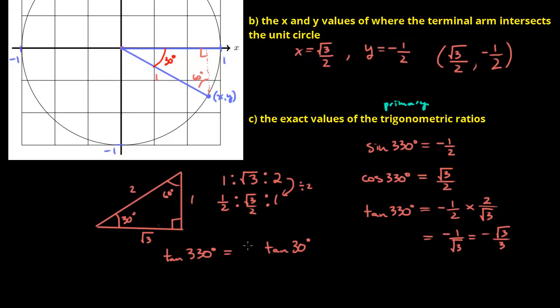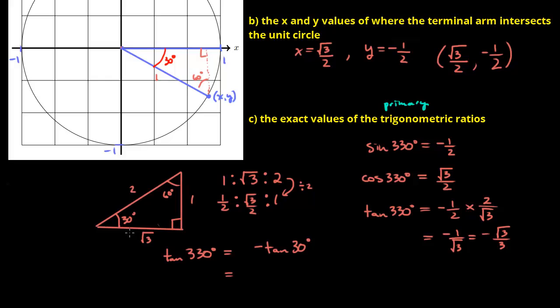So tan of 330 is going to be equal to tan of 30 degrees, but we have to think about the sign now, because the tan of the reference angle is always going to be positive, because the reference angle is always a positive angle. 330 is in the fourth quadrant, so the tan of 330 is going to be minus tan of 30 degrees.